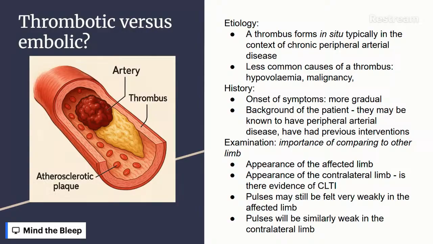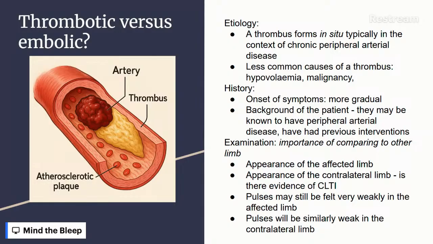So typically this will form in the context of someone who already has peripheral arterial disease. So your patients with CLTI. There are other causes. So think about malignancy, hypovolemia, that's rarer. And then the clues really are in the history. So thinking about this patient, she had angina.